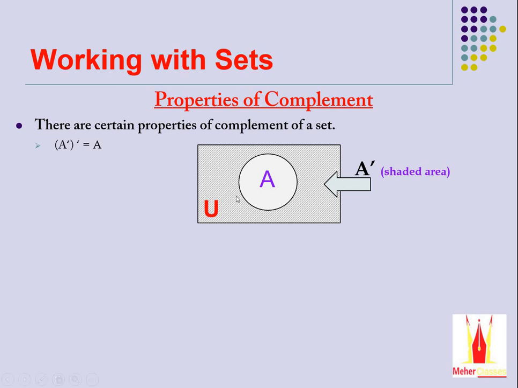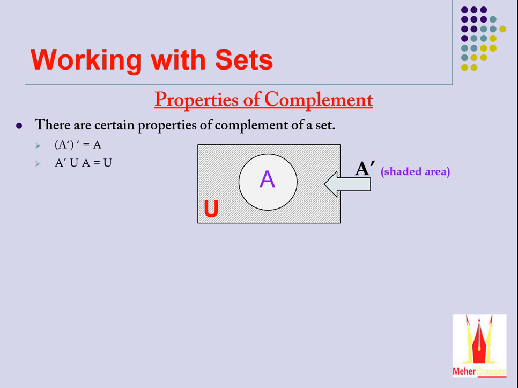That means if I want to find out A dash, this is A, so A dash is the shaded area. And if I want to find out the complement of the shaded area, I would be getting this A. So the complement of a complement of set A is A.